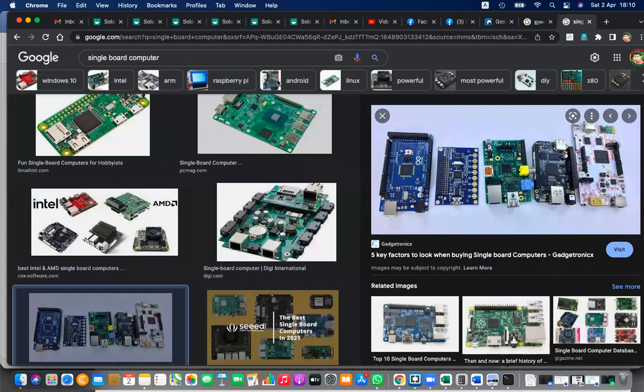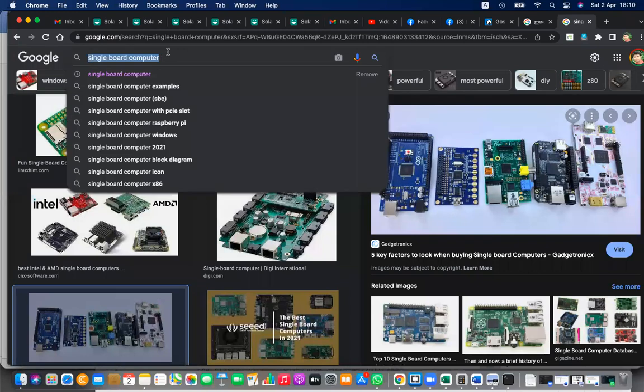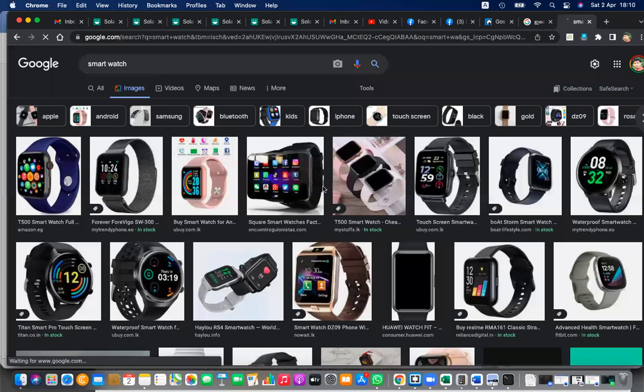So these single board computers are used in smart devices. Do you know the smart? You can see a smart watch. A smart watch is a traditional watch with network internet connection. So a connectable watch, having a lot of facilities.